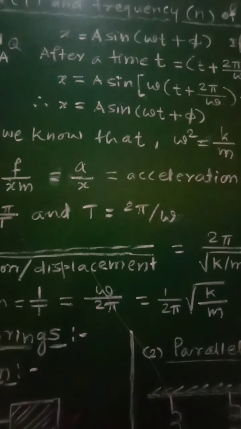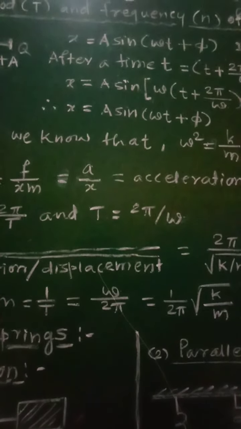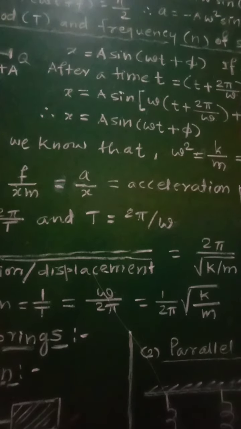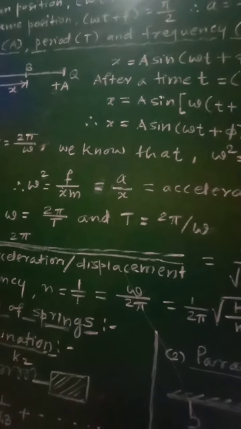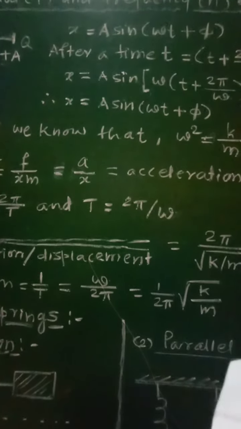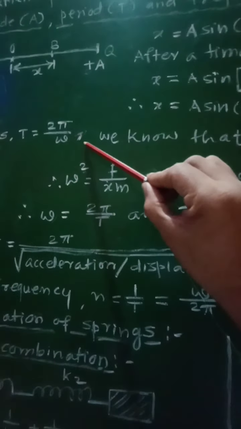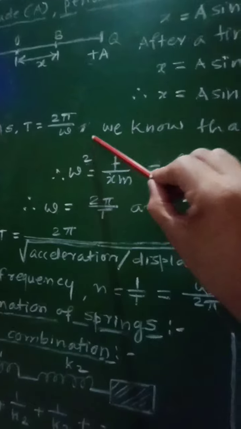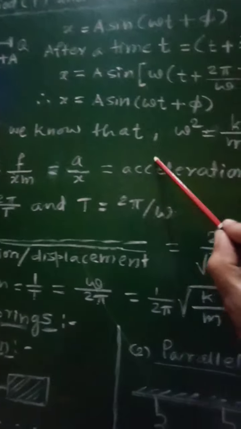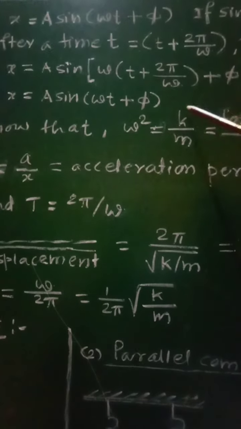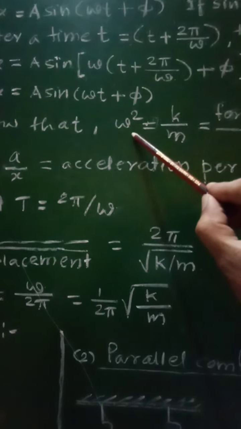Hence, the particle completes one oscillation in time 2 pi by omega, and so capital T is equal to 2 pi by omega, the minimum time after which it is repeated. Therefore T is equal to 2 pi by omega. As T equals 2 pi by omega, now we know that omega square equals k by m. In the differential equation we have put k by m is equal to omega square.